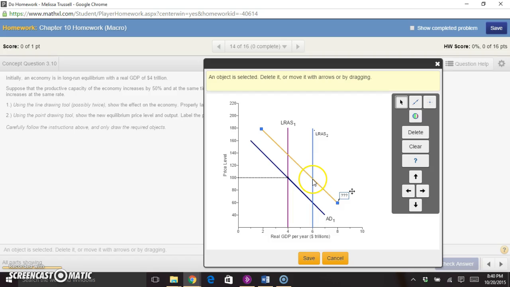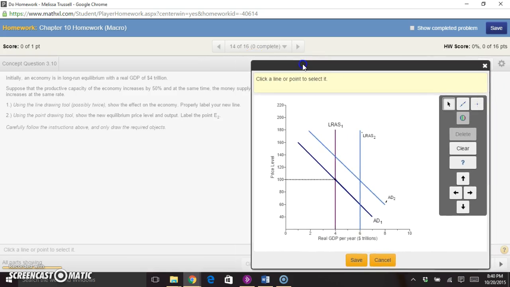And that we just know because it tells us it increases at the same rate. Anytime you increase at the same rate, your price level is going to stay the same. And you can read more about that in your textbook. If you look at figure 10-6 on page 232 of the textbook, you can see this illustrated there. So this is our new aggregate demand curve. And we know that the aggregate demand curve shifts out because the money supply increases.